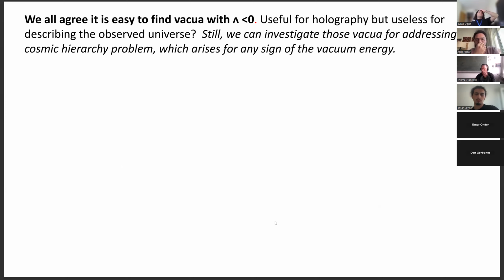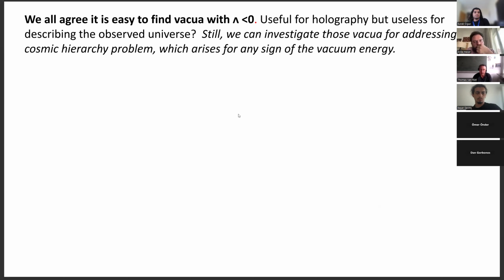So as I just told you, we all agree that it's easy to find anti-de Sitter vacua instead of de Sitter vacua, and I'm just going to focus on them. I understand that we all believe that the observable universe has positive rather than negative dark energy. But I first want to solve simple problems instead of solving everything.